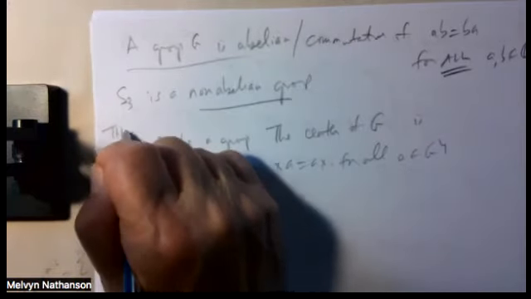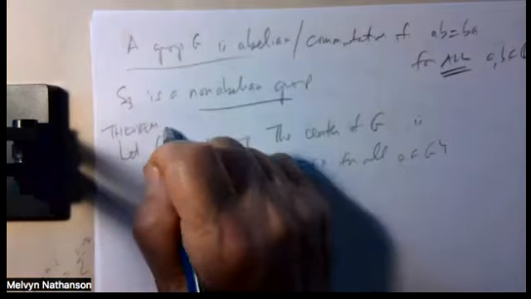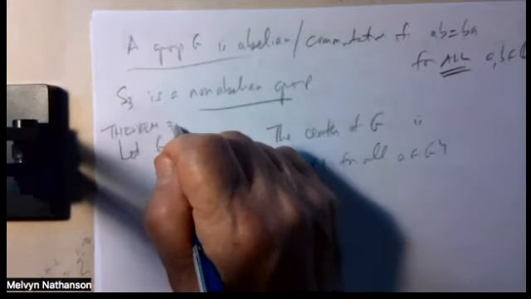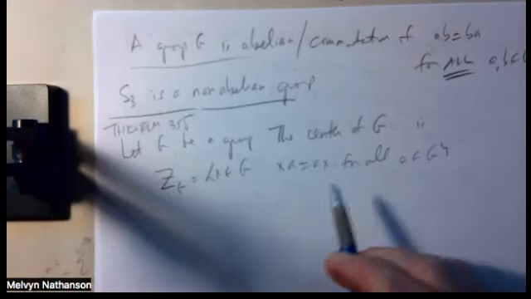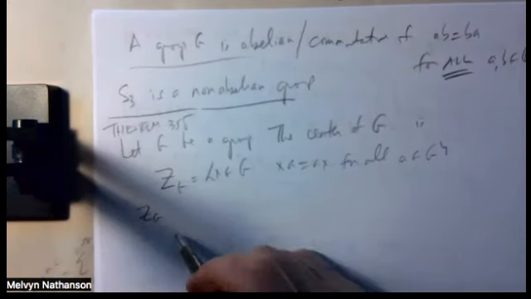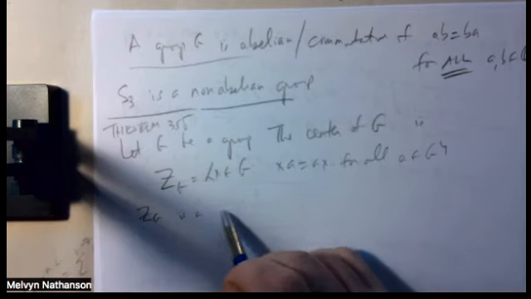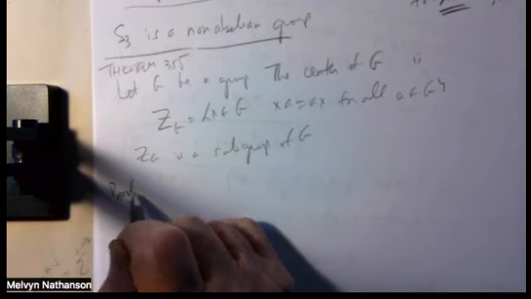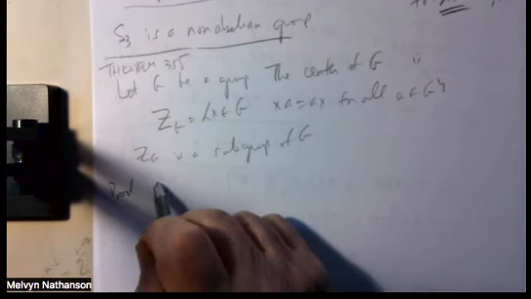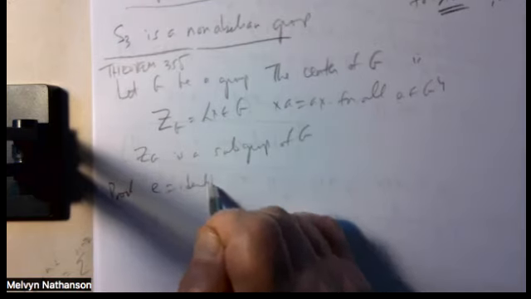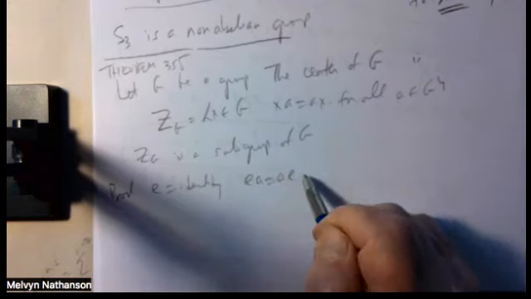And the theorem, which is 35 delta, says Z_G is a subgroup of G. Now, first of all, if you take the identity, ea equals ae for all elements a in the group. ea and ae are all equal to a.